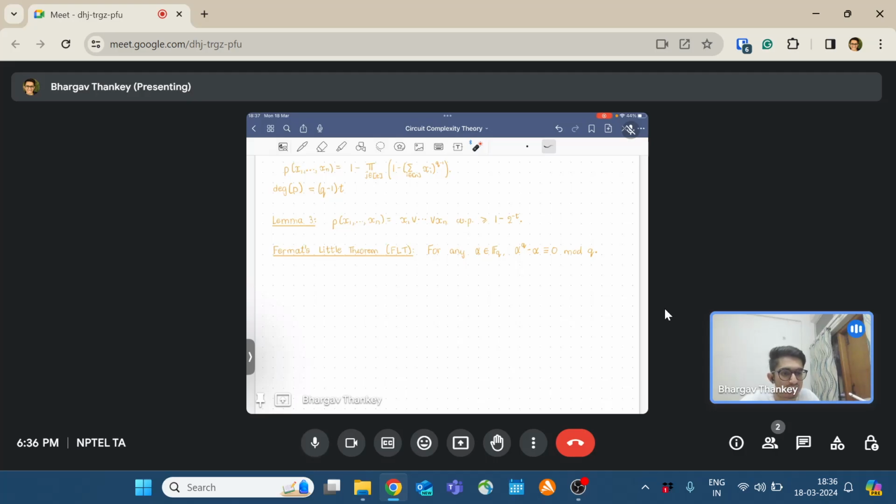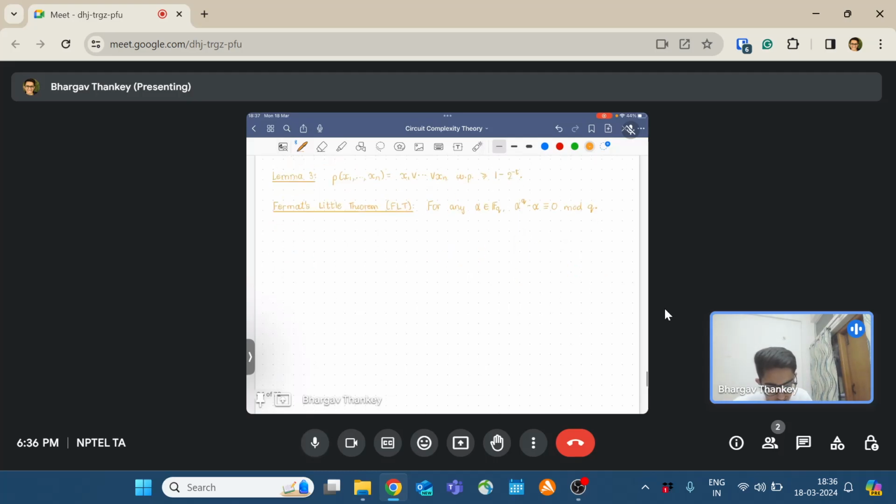Let's say its order is k, so alpha to the k is 1, but then k must divide Q minus 1, which means alpha to the Q minus 1 is 1. So basically, I quickly sketched that you can prove Fermat's little theorem using Lagrange's theorem. You can try this on your own, and if you still have doubts, you can ask me in the forum or in the next session.